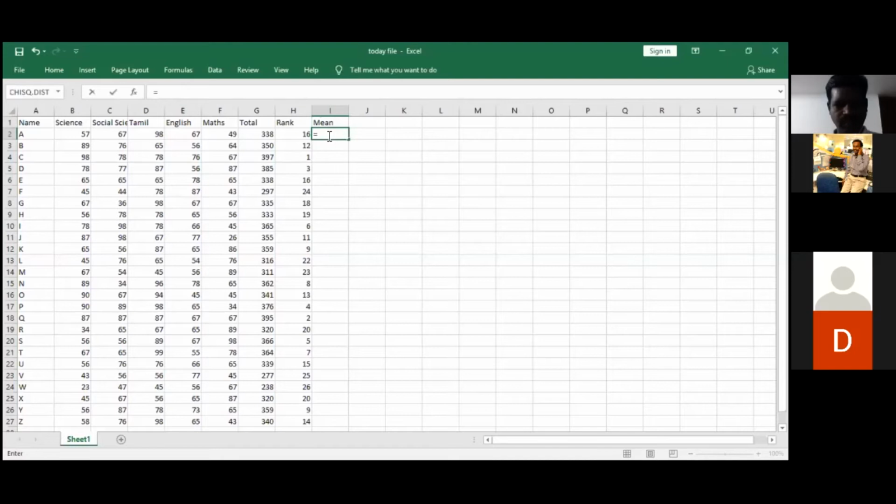This is the formula method, and so this is the average, the mean value.